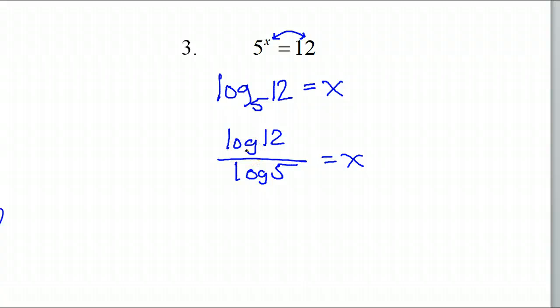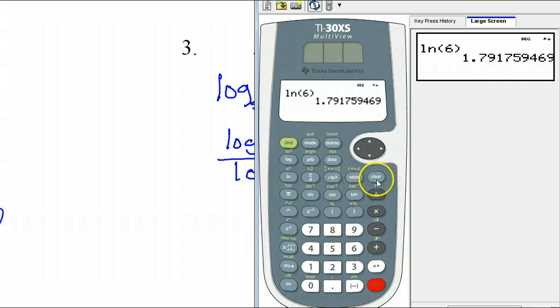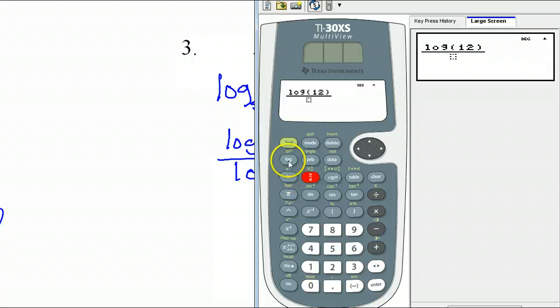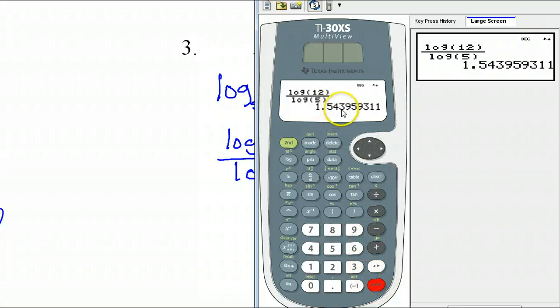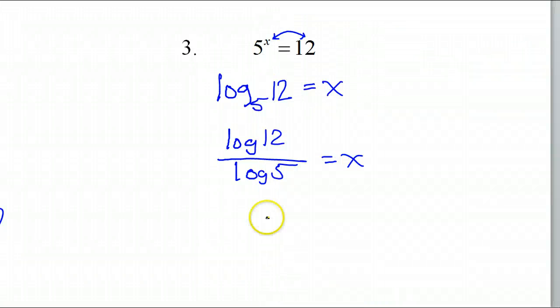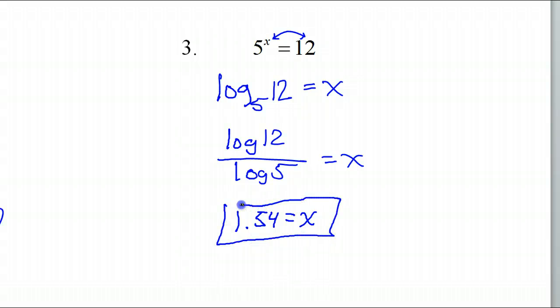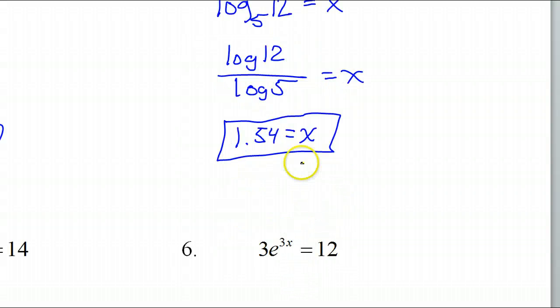And we will put this in our calculator. So 1.54. All right, so that's number 3. Number 4.